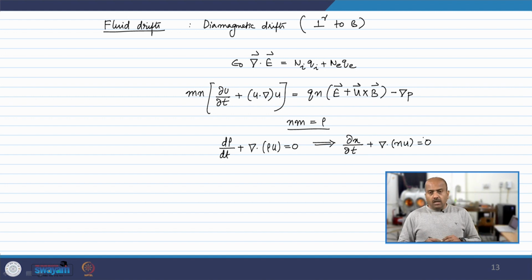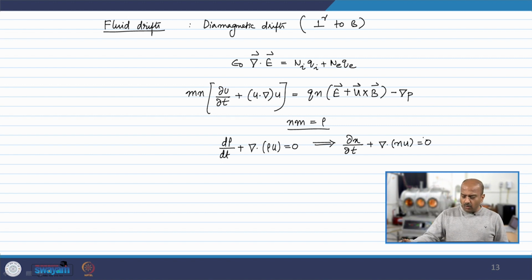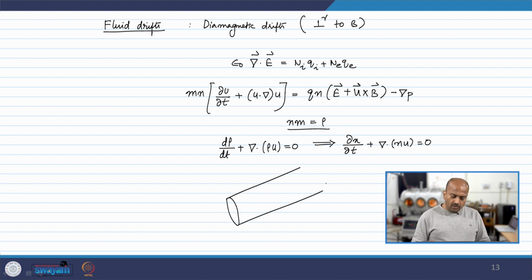Okay. So, in this case, when we are considering diamagnetic drift or perpendicular drift, we take the magnetic field to be pointing along the axis of symmetry. So, let us consider a simple geometry and then try to see how the field is aligned. We consider the magnetic field along the axis.